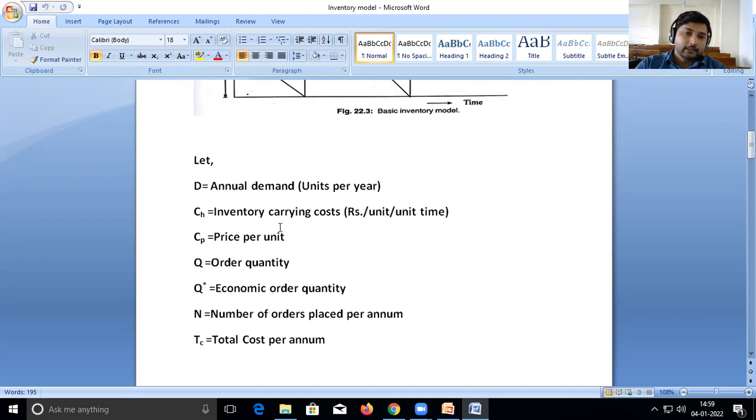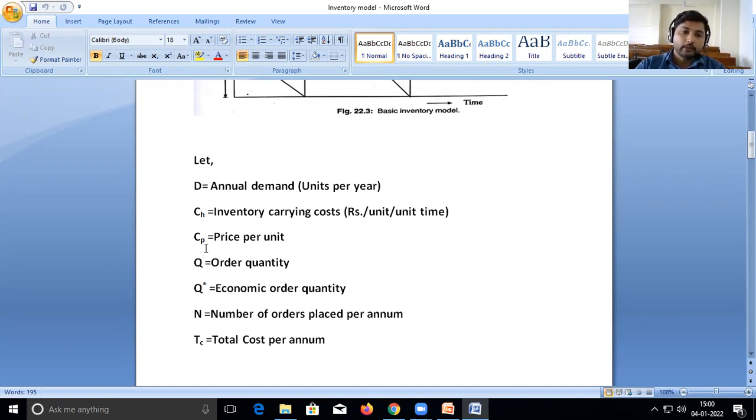It will be called the inventory carrying cost: the cost per unit needed to carry the average inventory. It is represented in rupees or dollars, whatever the currency may be, per unit time.